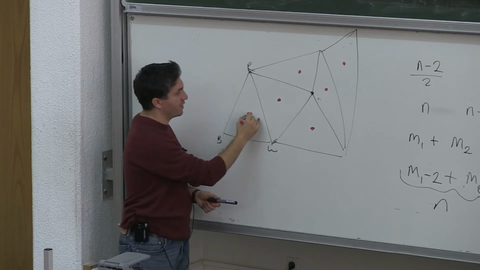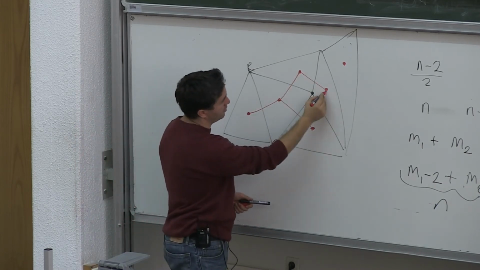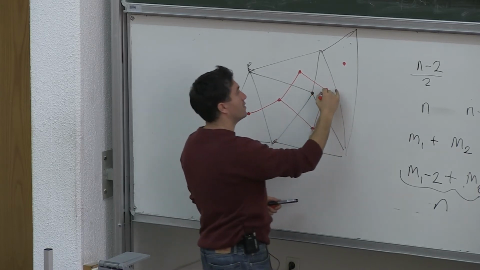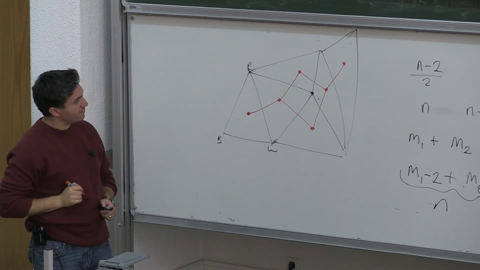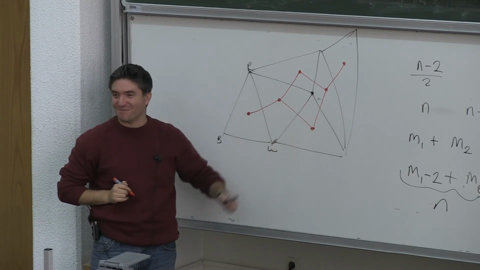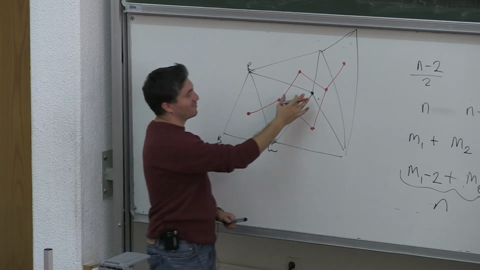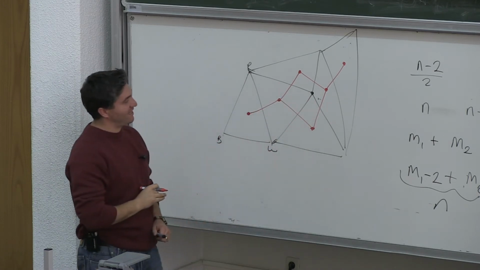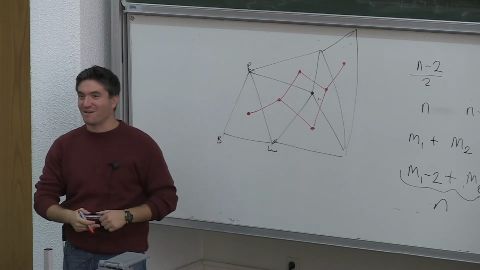So we are going to connect these two, these two, and so on. Actually, this is not a valid triangulation because I put a vertex in the middle, so that's why it's not a tree. This vertex is not allowed in simple polygons. If you have a simple polygon, this vertex is not part of the polygon.